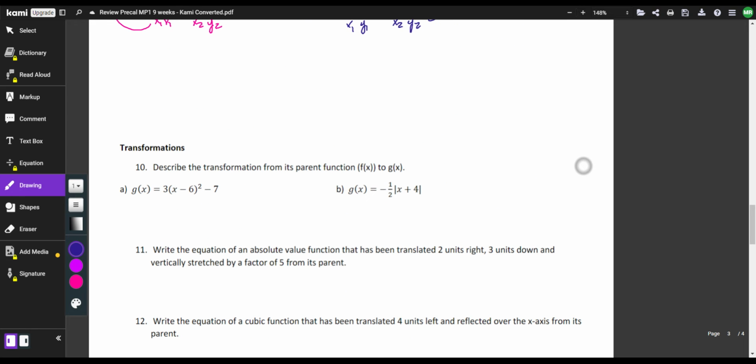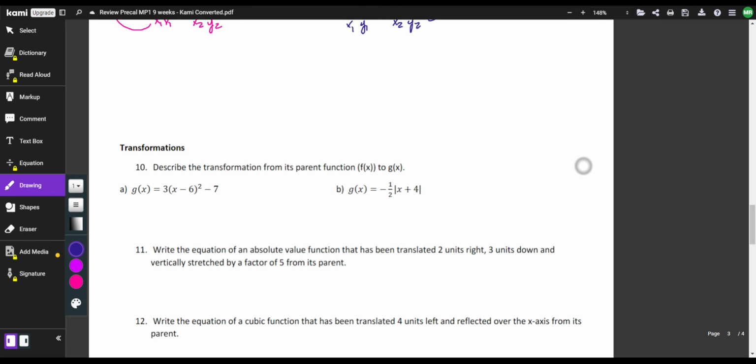Okay. Transformations are a little bit tricky. What I would do here is, for number 10, describe the transformation from the parent function. What's the parent function? What I want to do is show you this screenshot.